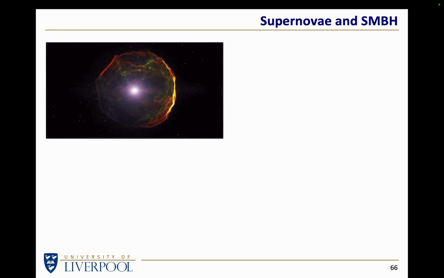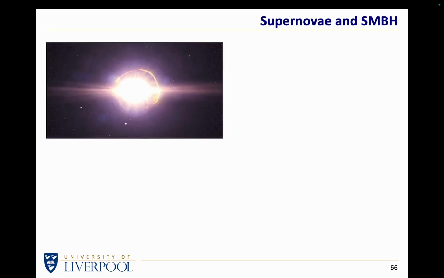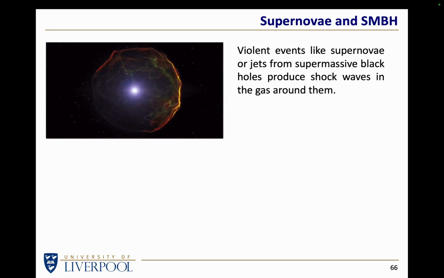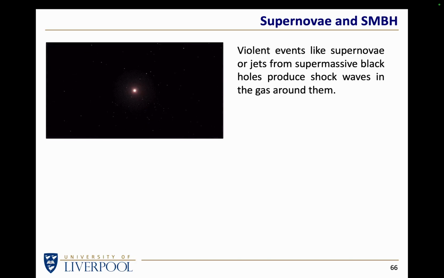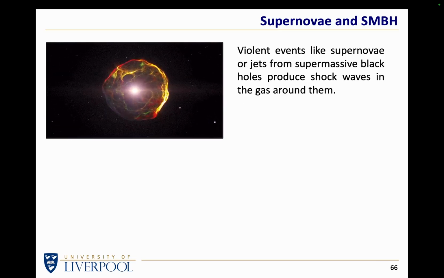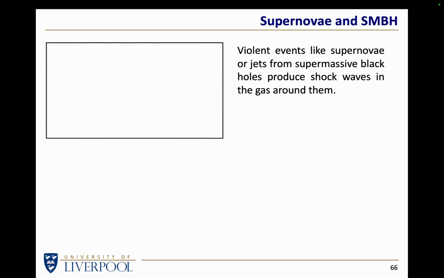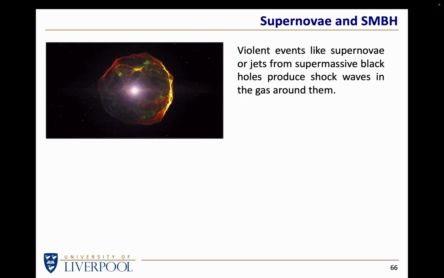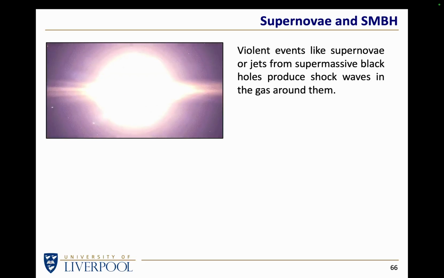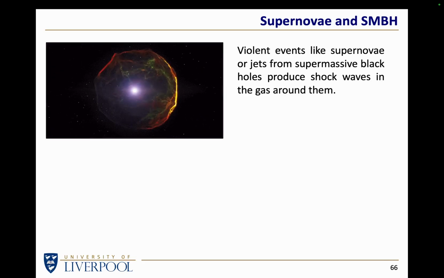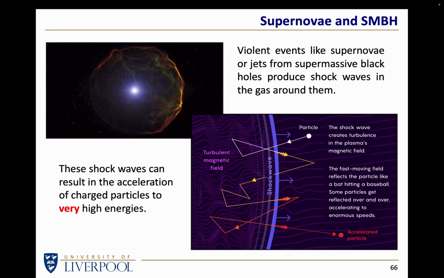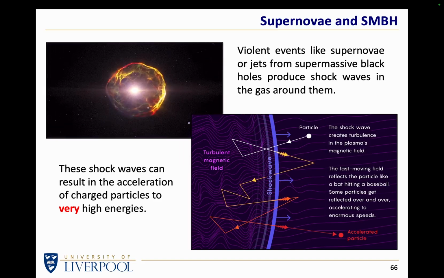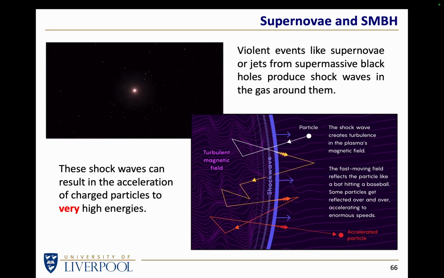And the simple answer, spoiler alert, is we're not actually too sure. We think very energetic sources might be, for instance, the shock wave produced by a supernova might accelerate particles up to very high energies. Maybe supermassive black holes, and the jets and shock waves formed in the jets around supermassive black holes, might also be a source of very energetic cosmic rays.